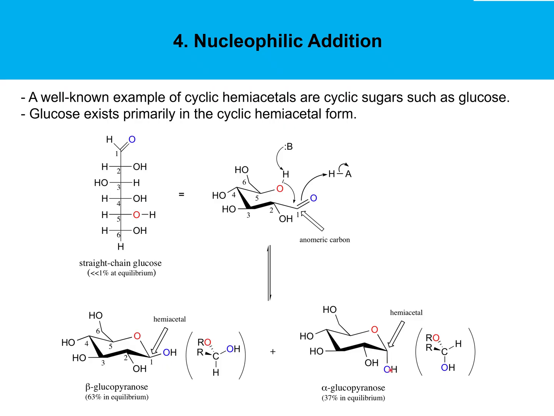As we know from Organic Chemistry 1, equatorial is usually favored, and so it's no surprise that at equilibrium, 63% of all molecules will be found in this conformation, where the OH is equatorial. Only 37% will exist with the OH being axial, and then less than 1% will exist in this open form.